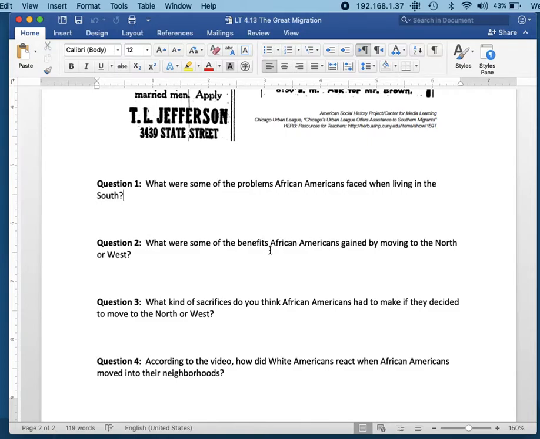If you're still having trouble with technology, if for some reason when you open this file you can't type on it, then go ahead and directly type your answers onto Google Classroom and post them on the stream. Okay. Worst case scenario, you can write your answers on a notebook paper, take a picture of the notebook paper, and then send it to me or post it on Google Classroom.